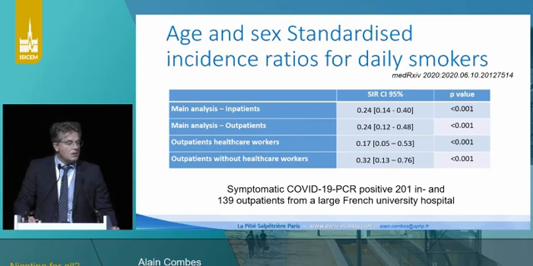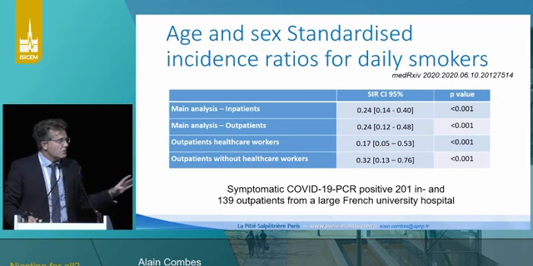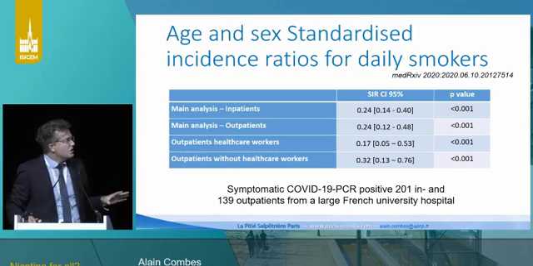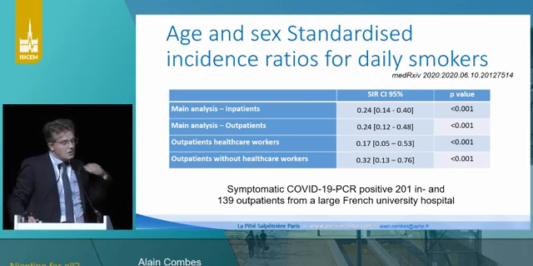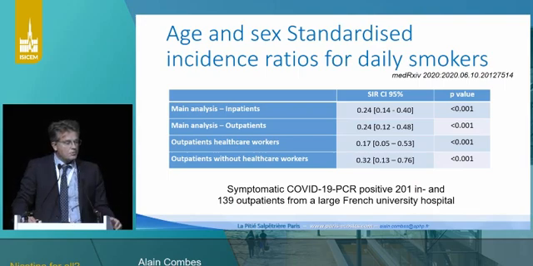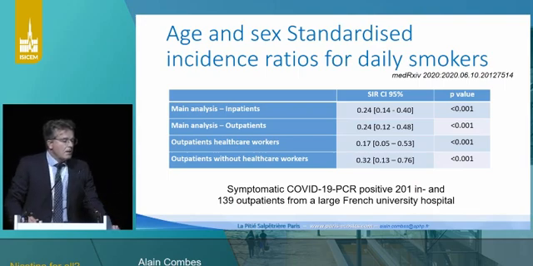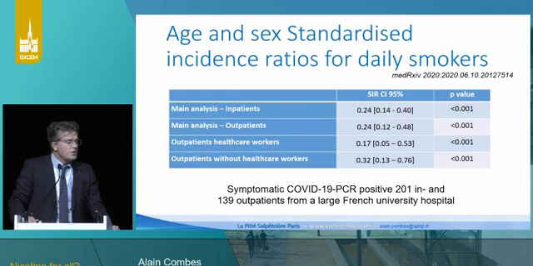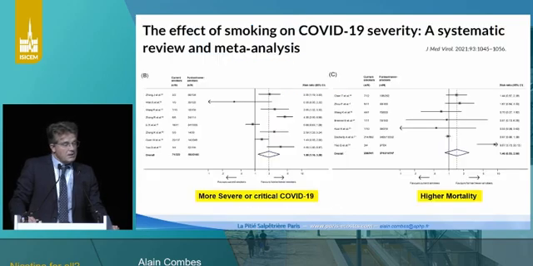And when looking at the subhazard ratio for mortality, whether it was inpatients, outpatients, looking only at healthcare workers or without them, the hazard ratio was always in favor of protection by smoking and a reduction of almost 75% of the occurrence of the disease.